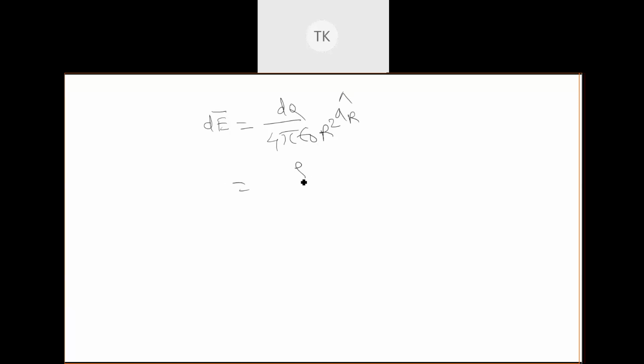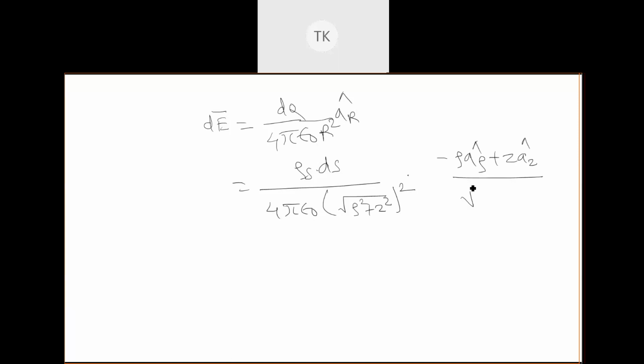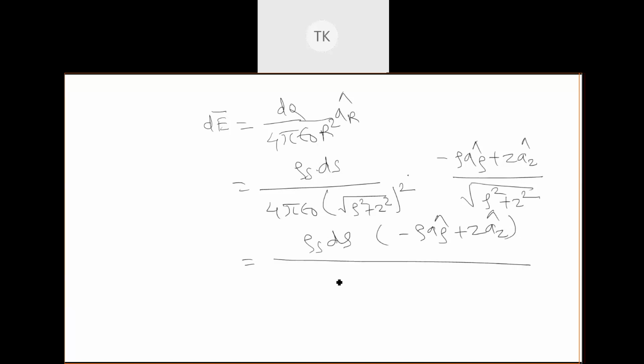We replace dq with rho s ds, and r square with the square of under root rho square plus z square, so we get rho s ds into minus rho a rho cap plus z az cap divided by 4 pi epsilon 0 rho square plus z square raised to 3 by 2.